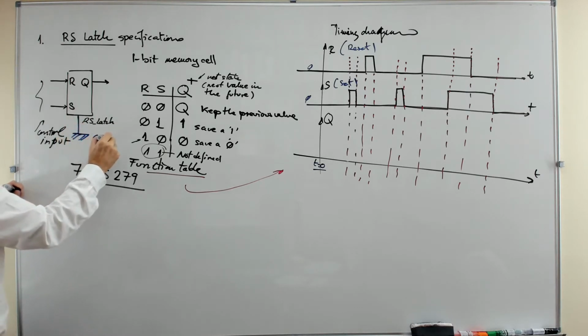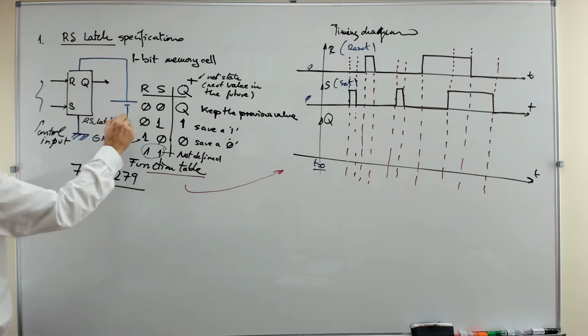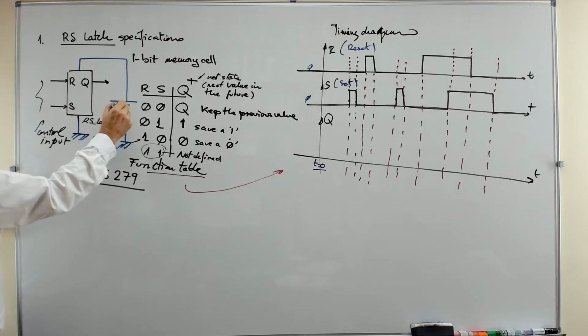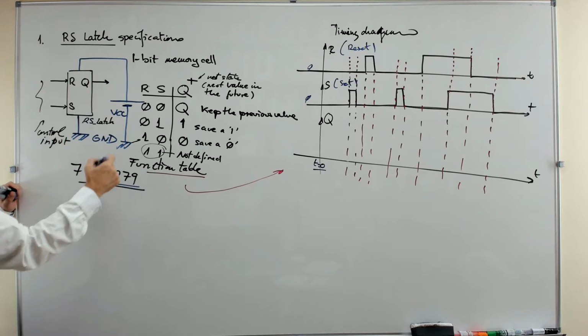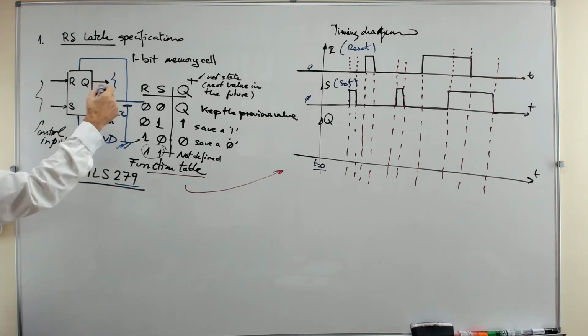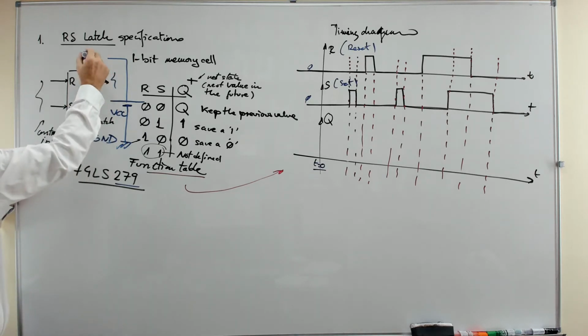This is the ground reference. The circuit is connected to a power supply, VCC, for example, 3.3 volts, or if this is a TTL circuit, 5 volts. So here you will very well find any value possible when you switch on the circuit.